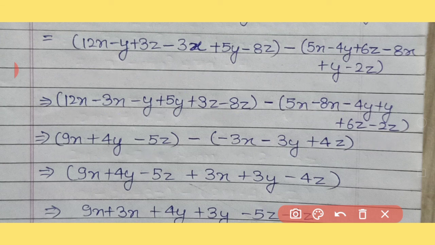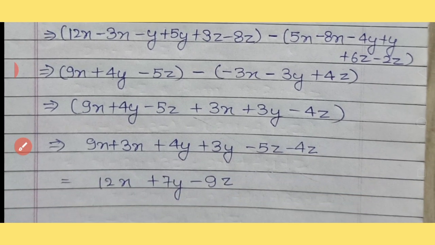Now when the bracket opens, the second bracket's terms' signs will be changed. So the first bracket terms were 9x plus 4y minus 5z, and when the second bracket opened, minus 3x changed into plus 3x, minus 3y changed into plus 3y, and plus 4z changed into minus 4z.